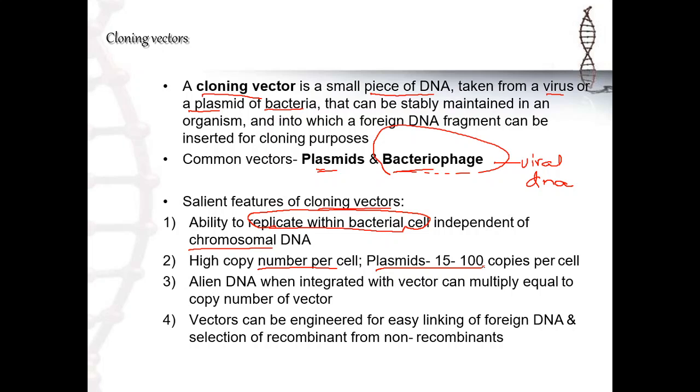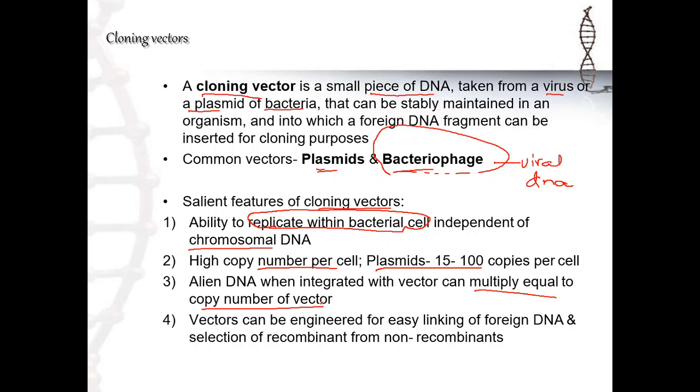into the host. Okay, so another salient feature of cloning vectors: alien DNA, when integrated with the vector, can multiply equal to the copy number of the vector. Meaning to say, the vector is a plasmid. When a foreign gene is inserted into a plasmid, the plasmid containing the foreign gene becomes a recombinant DNA. And when that recombinant DNA is inserted into the host cell, it will replicate at the rate of the replication of the host cell.